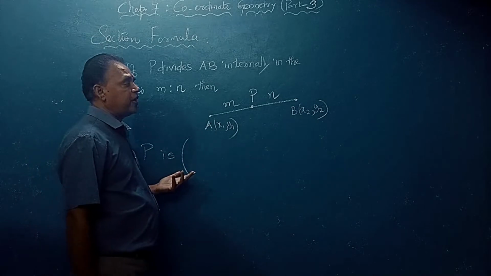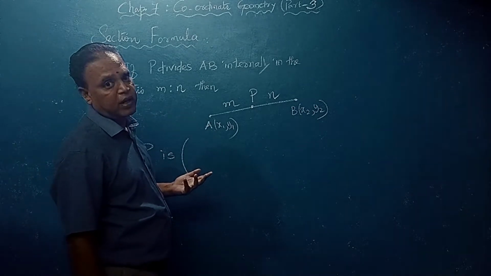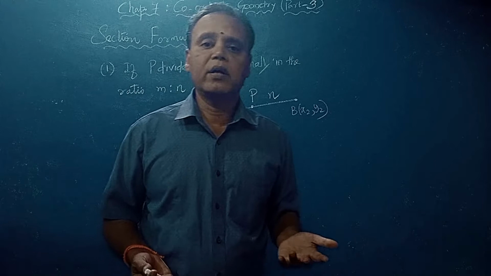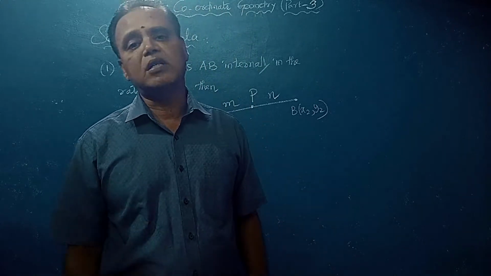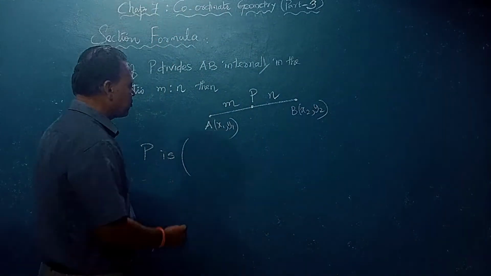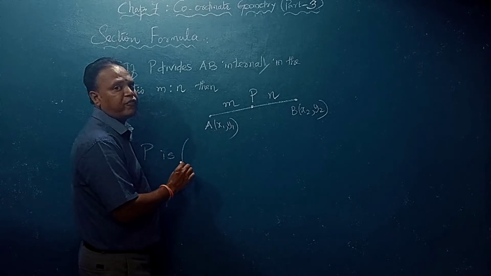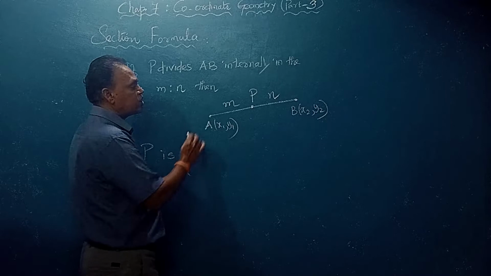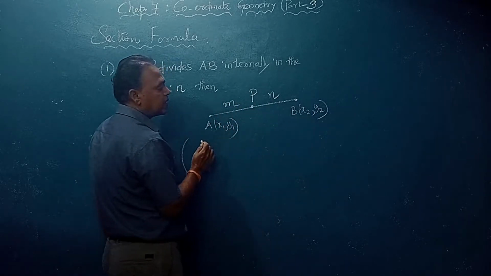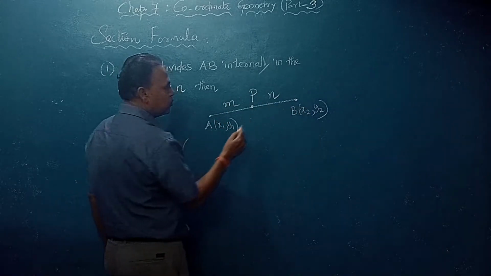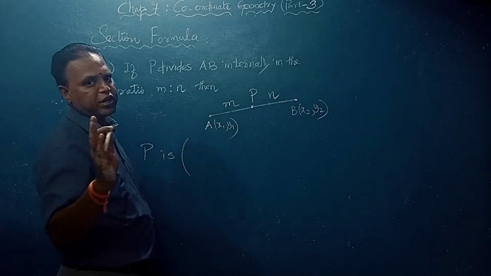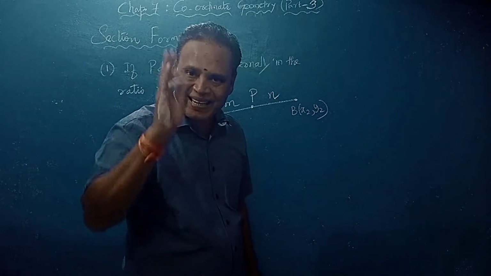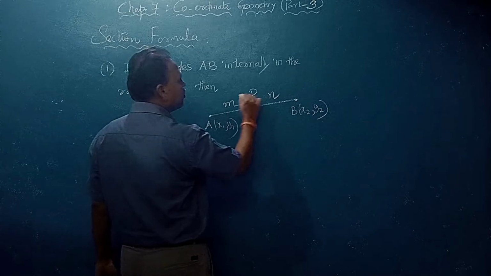It is just a formula, but you need not remember the formula. You remember the concept. Here I am going to show how to write the formula, which is very important. Just cross multiply. First write the x coordinate: while writing the x coordinate, you have to cross multiply the ratio.